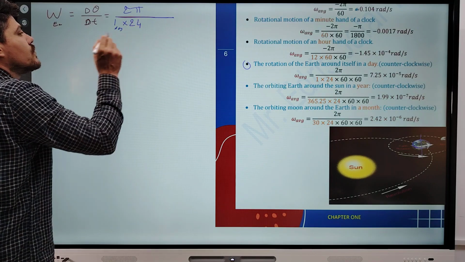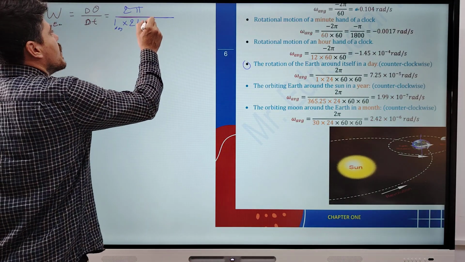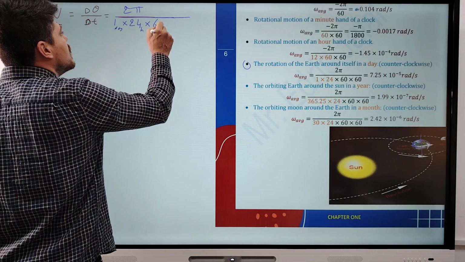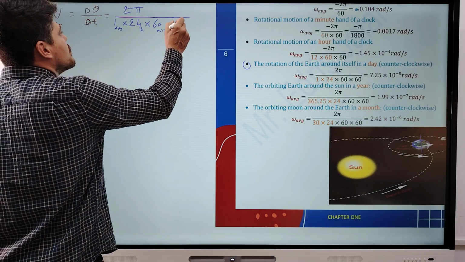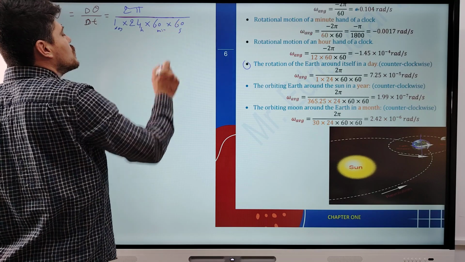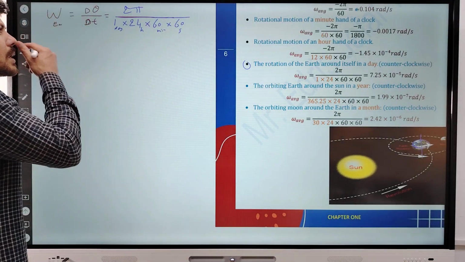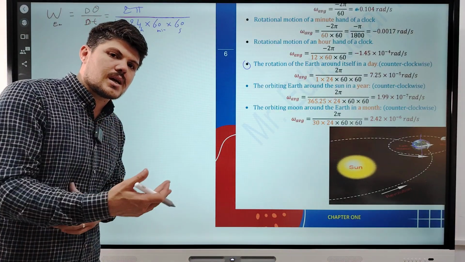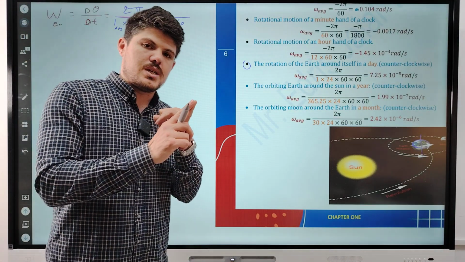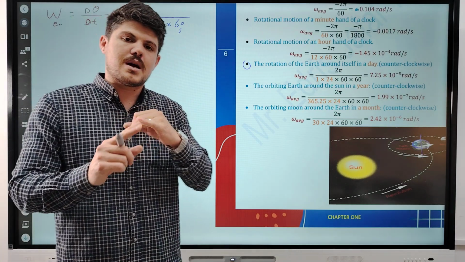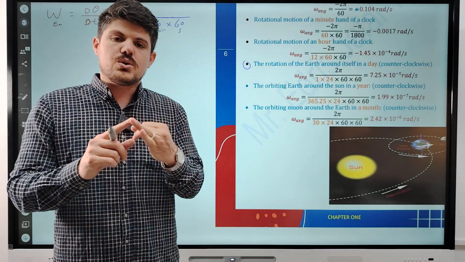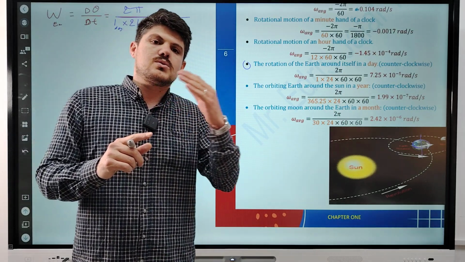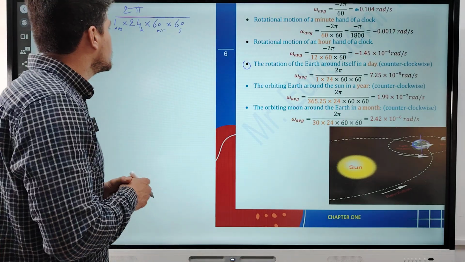Then convert hours to minutes, multiply by 60, then multiply by 60 to convert to seconds. Now, how can you convert day to second? You have to multiply 24 hours, convert to minutes, multiply by 60, and convert to seconds, also multiply by 60.